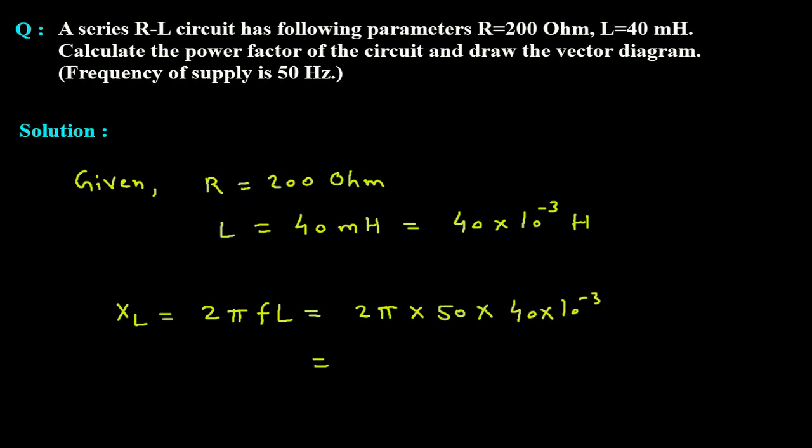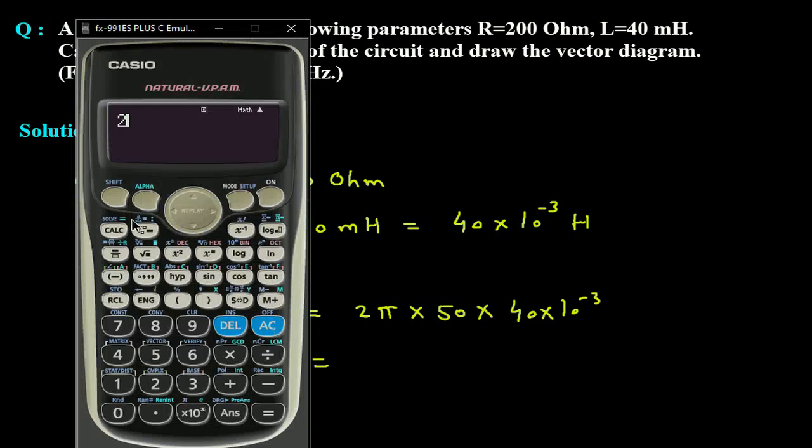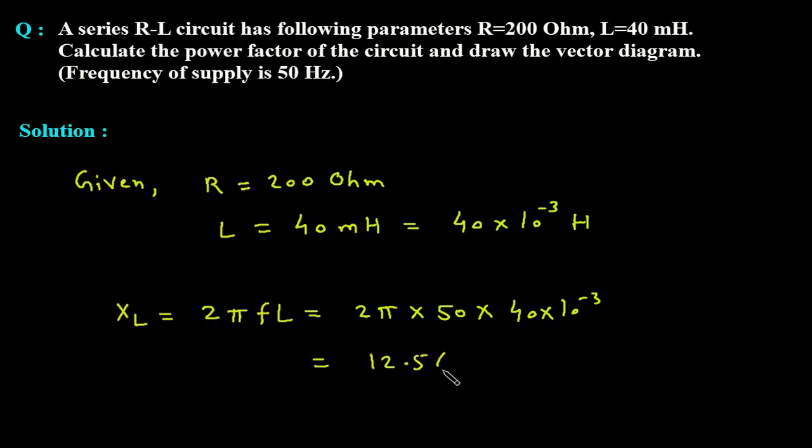Now if we solve this, 2 multiplied by pi multiplied by 50 multiplied by 40 multiplied by 10 to the power minus 3, this will be 12.56. Since it is inductive reactance, the unit will be ohm.